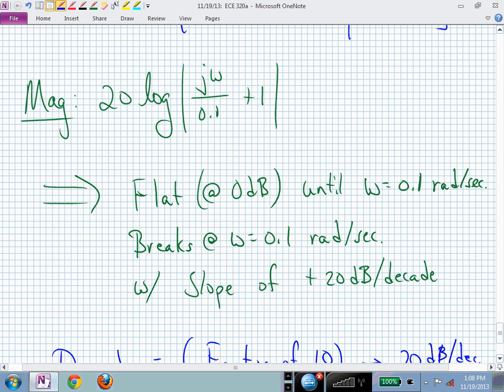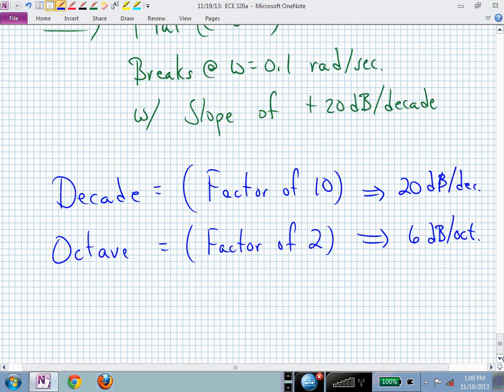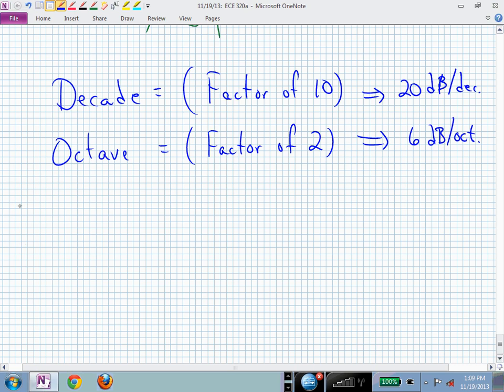So how far am I up? 12. And that's between 0 and 20. So now we know that our magnitude, due to that particular factor, should be contributing 12 dB at omega equal to 0.4. Is that making sense?